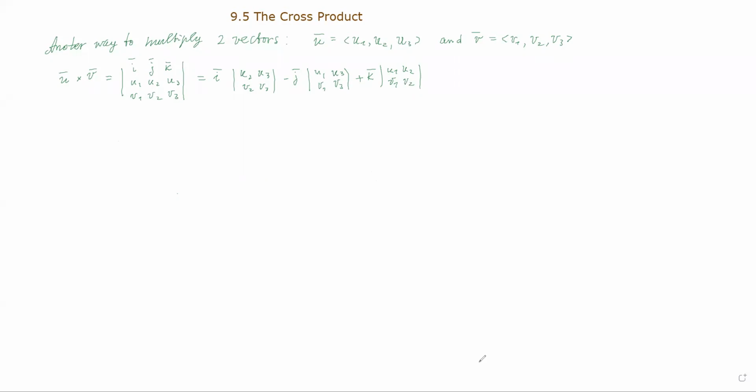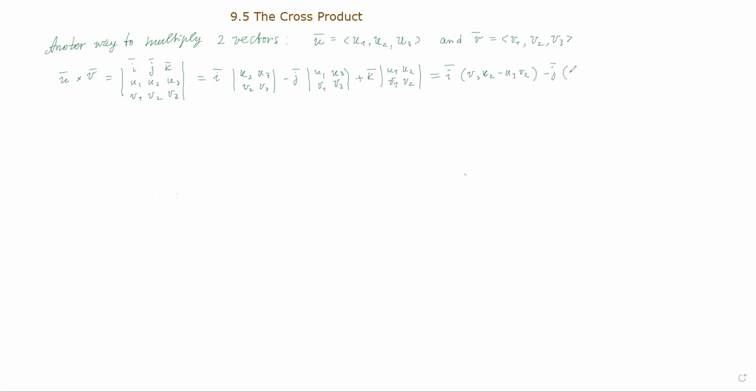Okay, now I'm going to write them down as normal numbers, right? So it's going to be i, and here is going to be what? u2 v3 minus u3 v2, right?